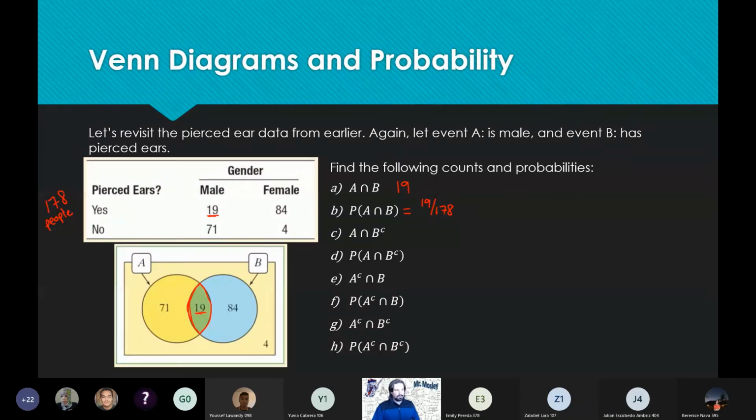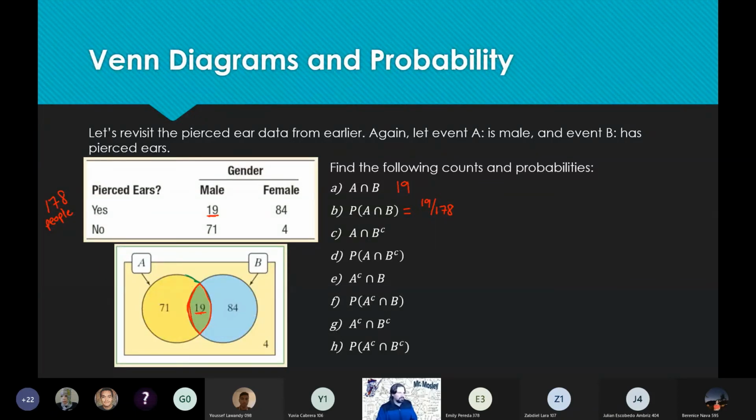So then we have A and B complement. In this case, we want to know what is in A and in the complement of B, which means what's in A and what is not in B. So we know that in A is this yellow circle, but we have to exclude the 19 because that's in B, and I can't consider anything that's in B. I have to only use the complement.